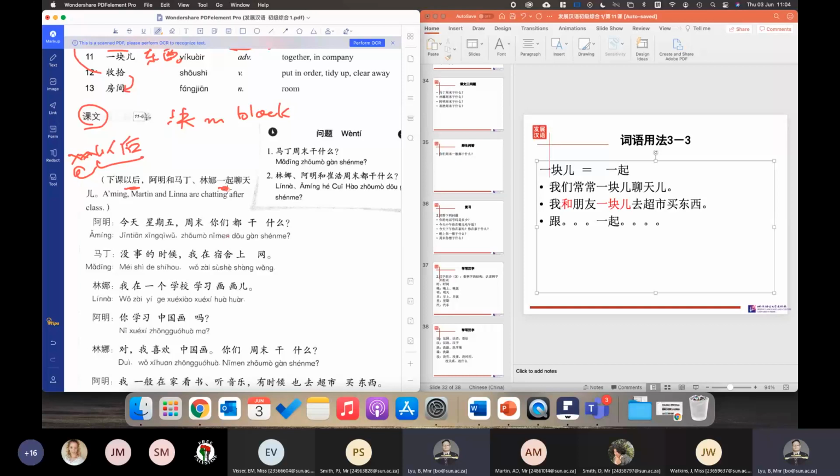Sure. 今天星期五, 星期五 is Friday. 周末你们都干什么？周末 means the end of the week. 你们都干什么？You see here, this 干 is interchangeable with 做, with the question pronoun 什么, do what. 你们都做什么.